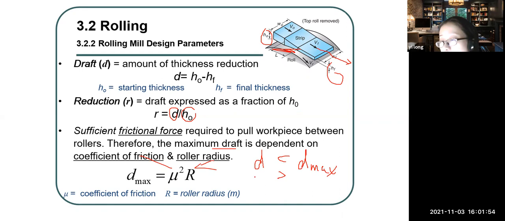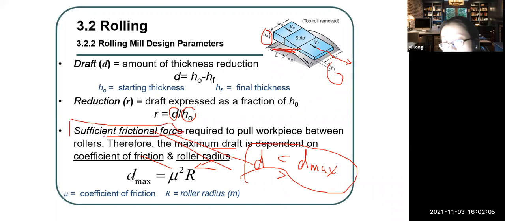Only when your D is less than D maximum, which means you have enough frictional force, can your workpiece move forward. So D less than D maximum suggests that this is enough for the roll to squeeze the workpiece forward. Okay, so this is the condition.